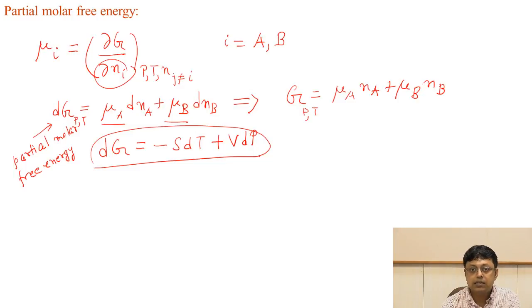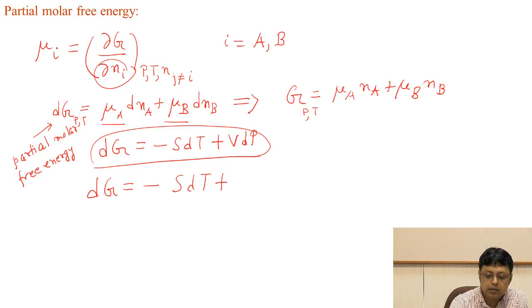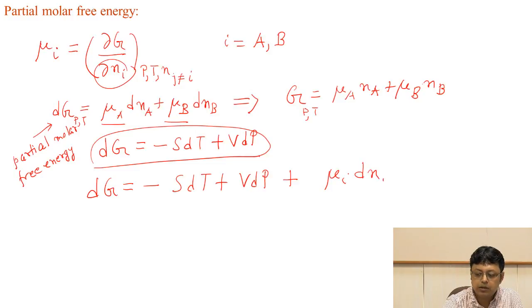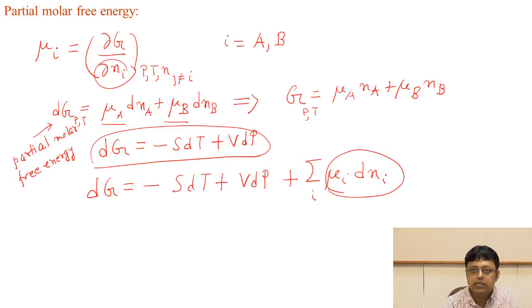But now we are seeing that there is an additional component of Gibbs free energy, which is coming from the Gibbs free energy due to mixing. So we call it the Gibbs free energy of mixing. And so the total change in the Gibbs free energy, if we vary temperature, pressure, as well as all these quantities, can be written as minus SdT plus VdP plus mu A dNA plus mu B dNB, which we can write as a general equation, a sum over all these terms which involve mu I dNI.